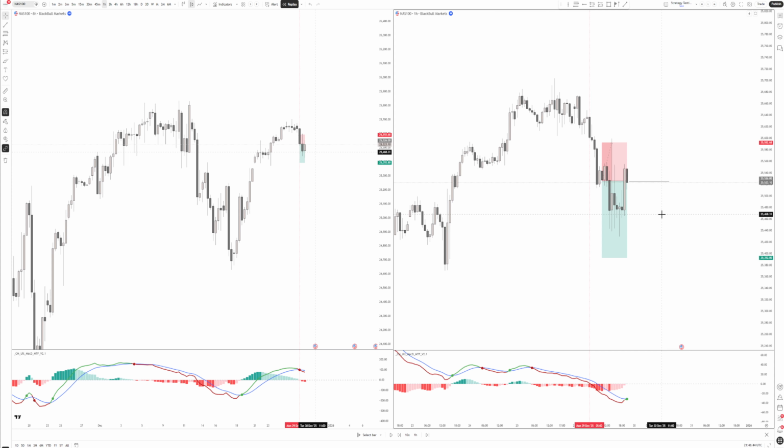You see right here, the green dot has appeared, telling us we've got bullish momentum and we should close the trade at break even. So you can see we had 1, 2, 3, 4, 5, 6 hours of price action here.